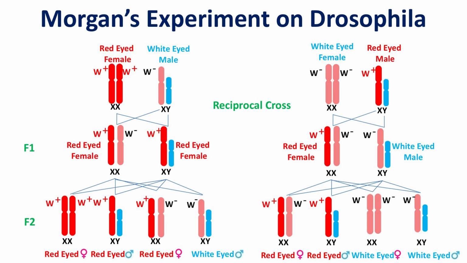Such difference in these two crosses is because these are sex-linked traits, right? Any doubt? And Morgan concluded that the gene responsible for red eye color in Drosophila is located on the X chromosome, and it is a dominant gene as it expresses in both homozygous and heterozygous condition, right.